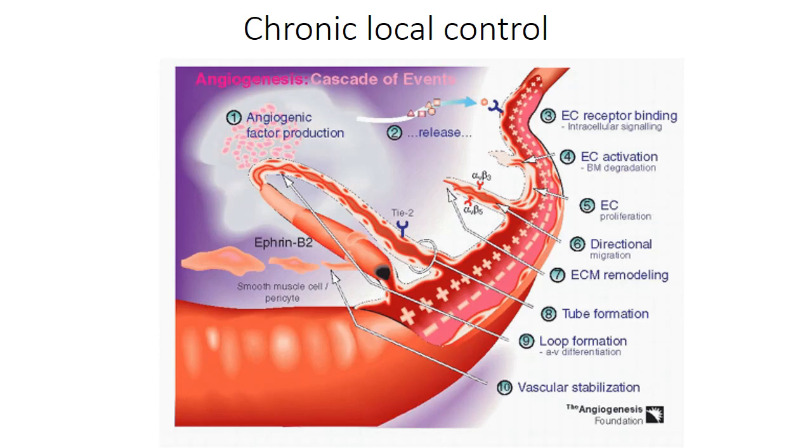And during angiogenesis and vascularity, the maximal blood flow is important for regulation of angiogenesis. It means that when the blood flow reaches the maximum level, angiogenesis is regulated or produced based on maximal blood flow.